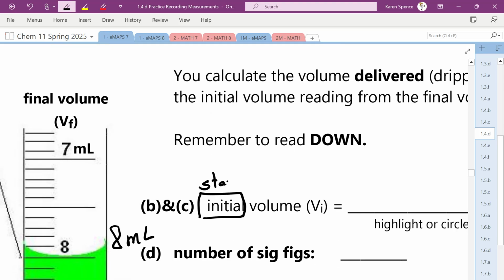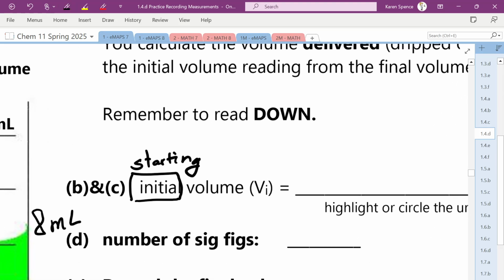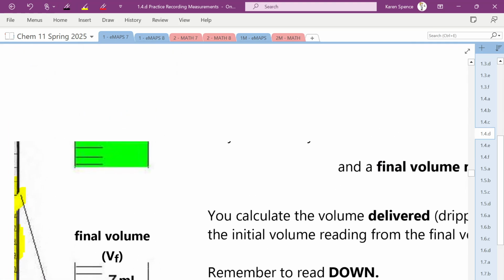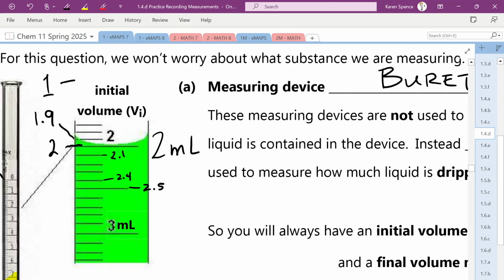If you wanted to measure your initial volume, what does the word initial mean? Starting. So the initial volume, which we can write as V with a little i at the bottom, is 1.99, because you're really close to the 2. Or you could say 2.